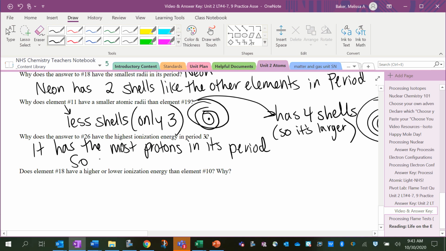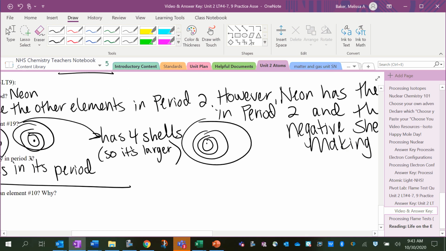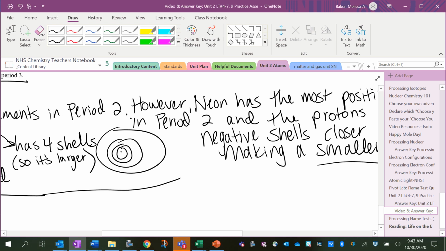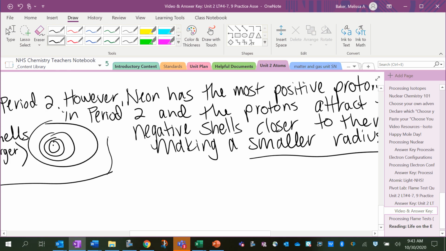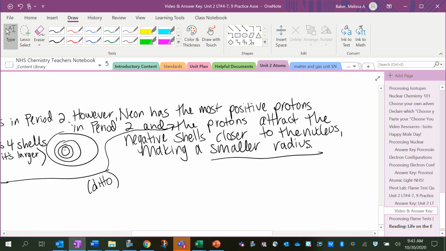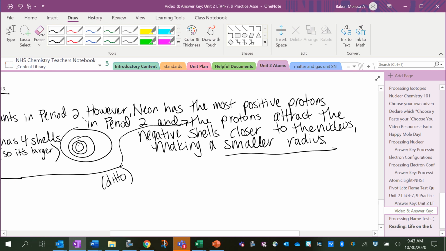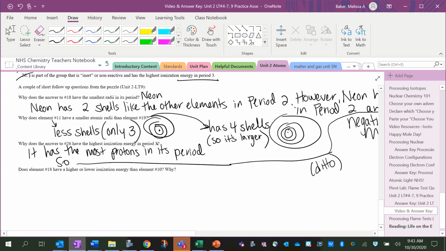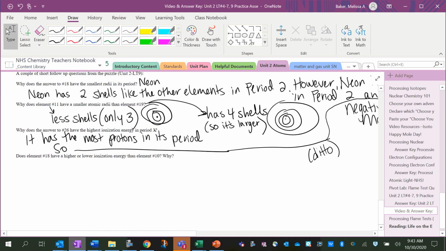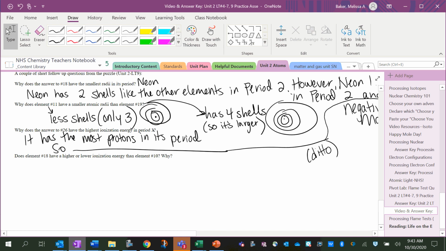So just like our answer up here, the protons attract those negative shells closer to the nucleus, making a smaller radius. I didn't really realize that was kind of a redundant question there.